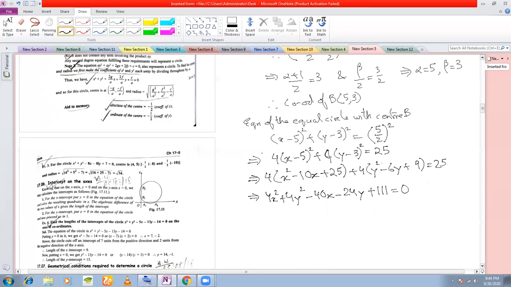It should be plus. So 136 minus 25 is 111. Okay, so this is the required equation of the equal circle which touches the given circle.